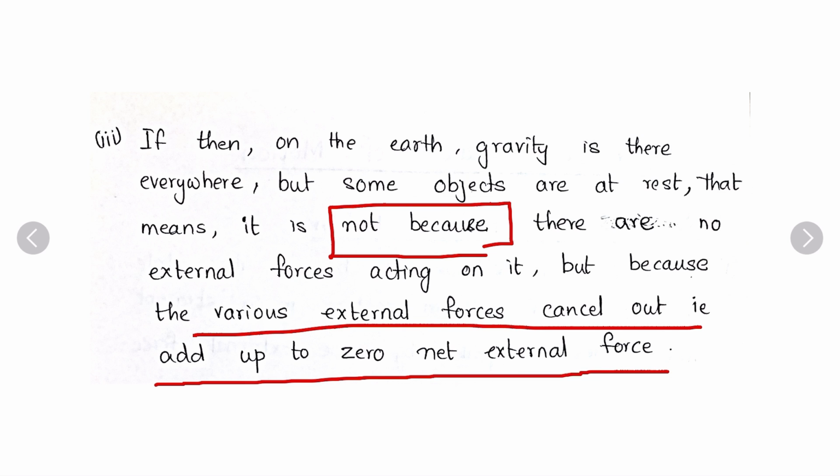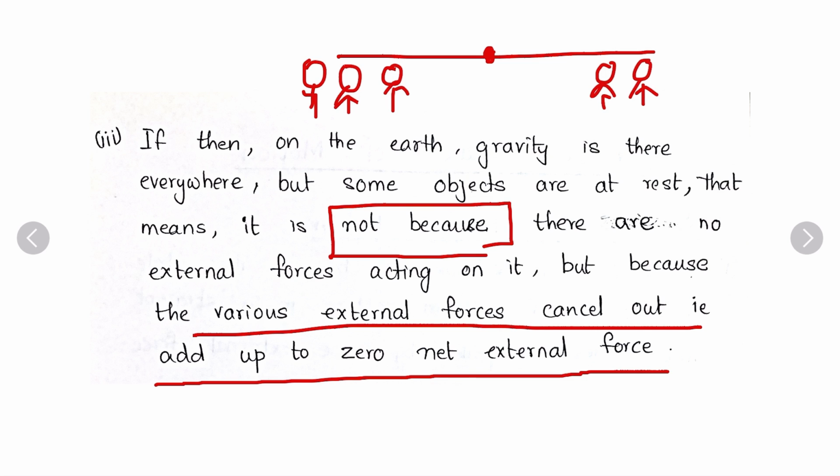So I will give you one example. You know the game of tug of war. Let's say this is a rope. Here we have some people, let's say 10 people, and on the right side we have 10 people. If they are pulling this side, they are also pulling that side.